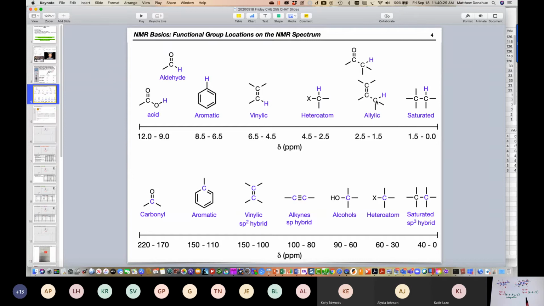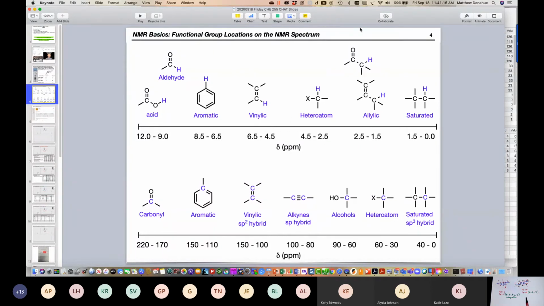Notice the difference between allylic, where the carbon's sp3 hybridized, and vinylic, where the carbon is sp2 hybridized. Aromatic, the hydrogen's bonded directly to an aromatic ring. At about 9, you see the aldehyde, sp2 hybridized carbon H. And then for carboxylic acids, this hydrogen typically occurs about 12. So any questions on that?